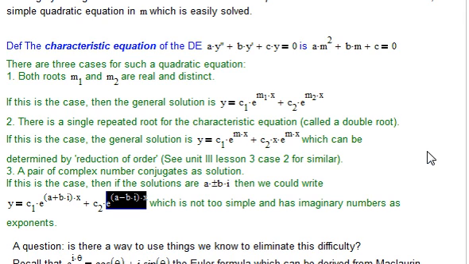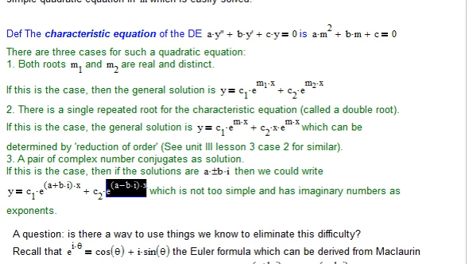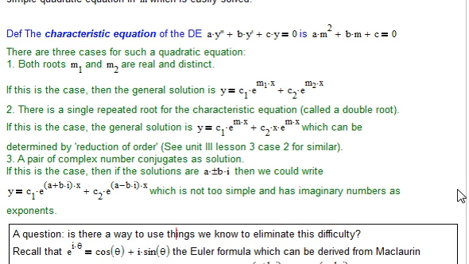But that's not too simple. We got imaginary numbers as exponents, and not very many physical things in the world are going to really work nicely like that. So, yeah, we need a little help with this. Is there a way we know of to use things we know already to eliminate this difficulty?